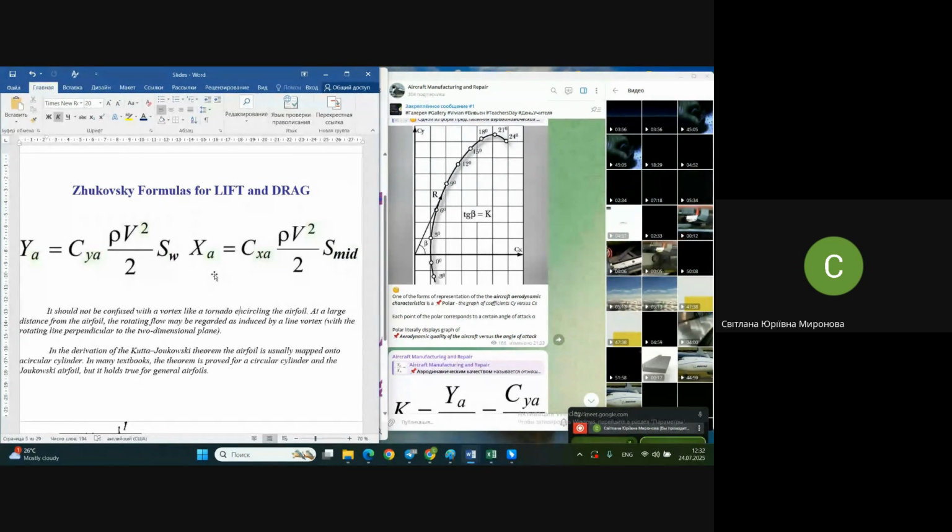And these aerodynamical characteristics, besides being represented separately depending on different factors, may also be represented in the view of this polar to characterize the so-called aerodynamical quality of the airplane. And all those aerodynamical characteristics are necessary for us. They are necessary to know what for, to design our airplanes.